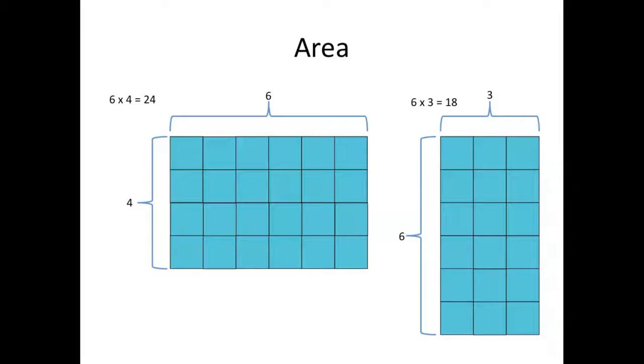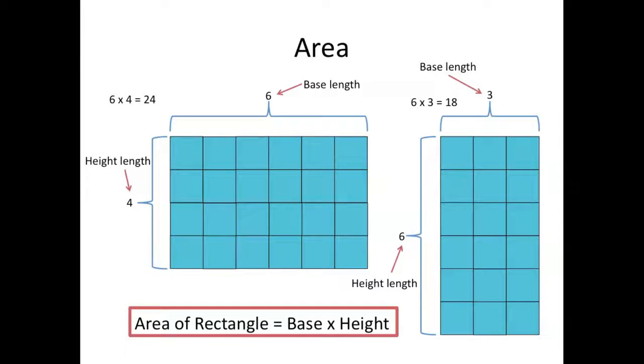Now if you notice, a faster way of finding the area of both these rectangles was to just count how many boxes go along each side and then multiply them. So if we want to generalize the area, we can call this side the base length and this side the height. To find the area, all we did was multiply the height and the base. So that gives you the area of a rectangle is base times height.